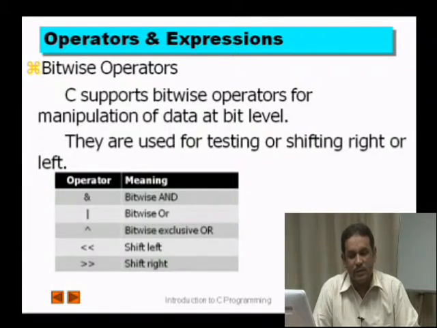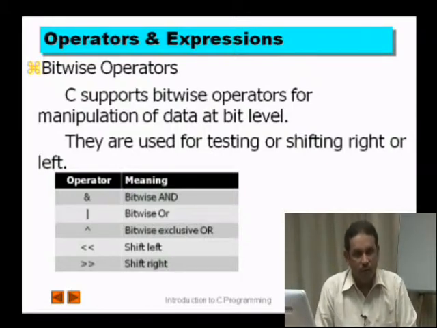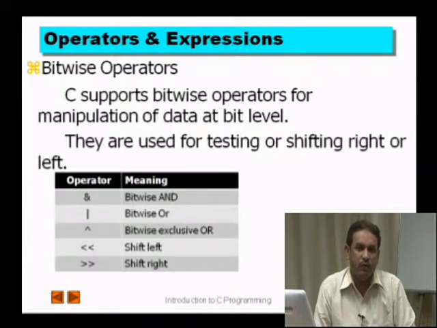And bitwise exclusive OR. These are the notations, as you can see, operators and their meaning. A single ampersand is a bitwise AND, whereas a double ampersand is a logical AND operator. Then a single line is a bitwise OR and a double line is logical OR.